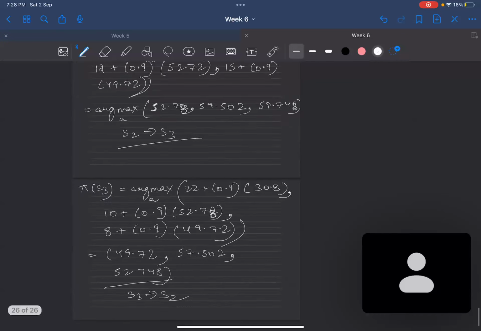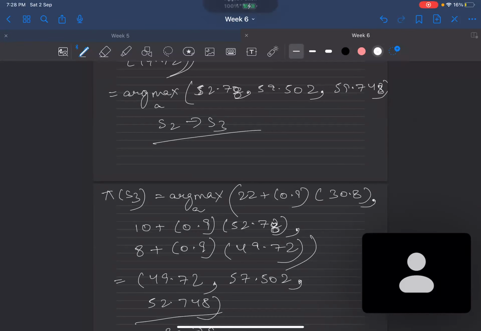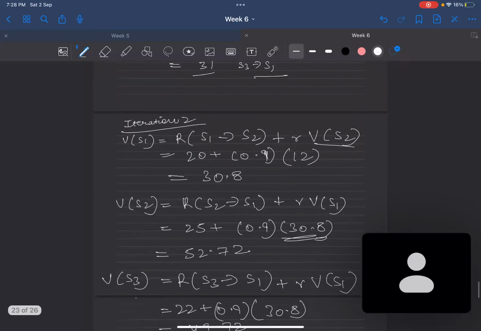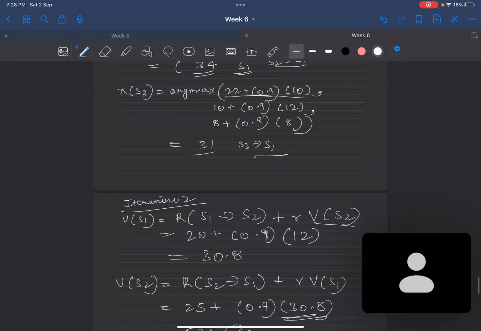So this is how we have solved policy iteration and value iteration for the same example. Is it clear? Was it helpful? No, madam, can you explain the difference? What I understand is we improved the policy and take the improved policy for the next iteration.